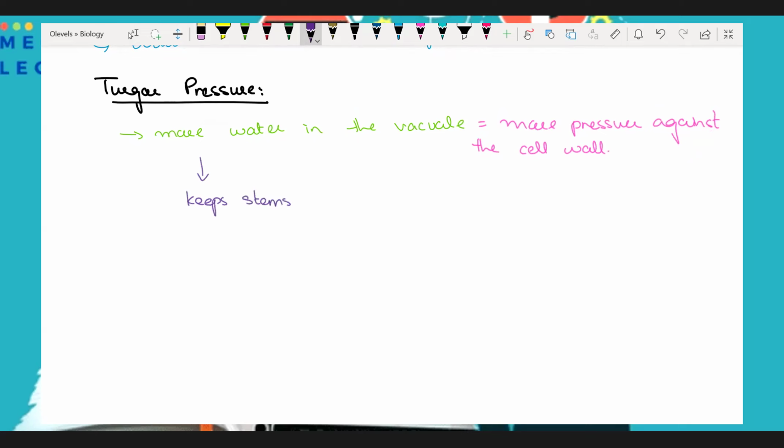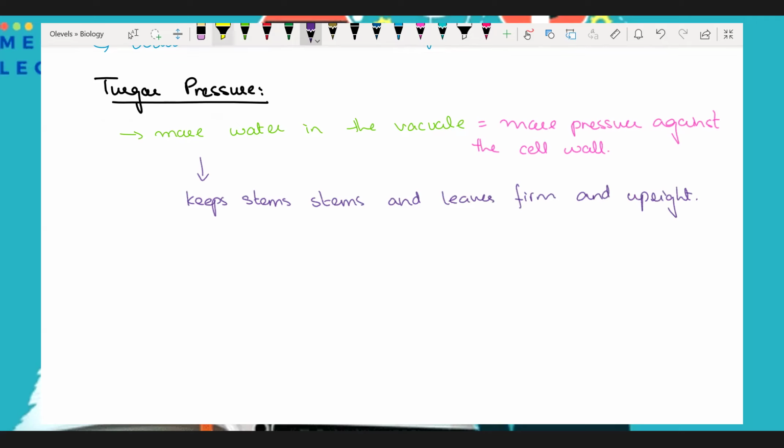Yes, actually turgor keeps stems and leaves firm and upright, right? Because we know that plants don't have a skeleton to keep them firm and upright. So actually, it is the turgor pressure that helps them to maintain their shape in the upright position.